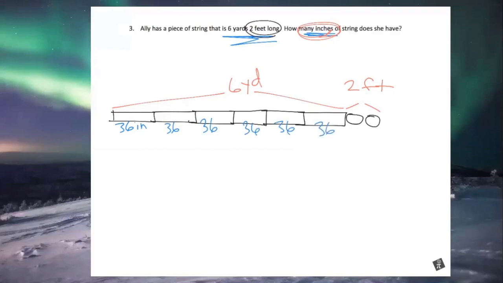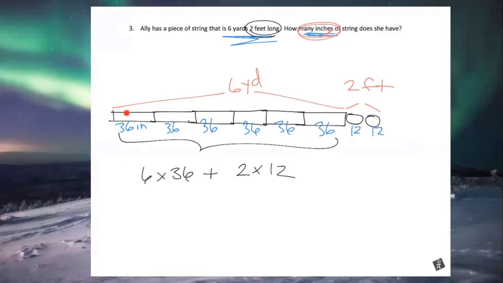And then in each of these feet, we have 12 inches. So what do we have all together? All together, we have 6 times 36, plus we have to add in 2 times 12. 6 times 36 is how many inches we have from the yards. 2 times 12 is how many inches we have from the feet.